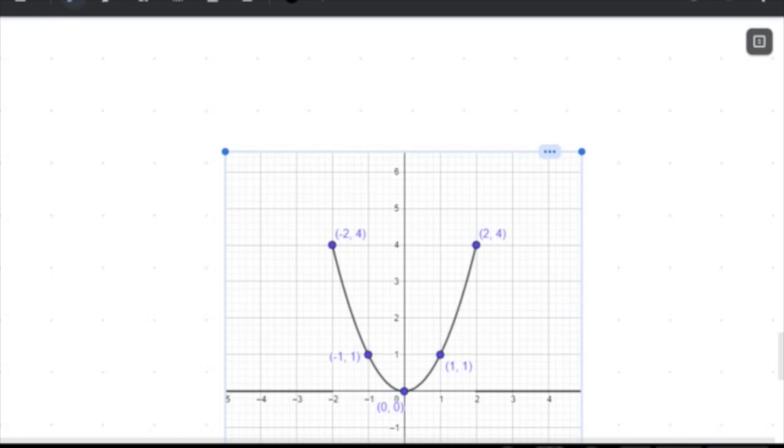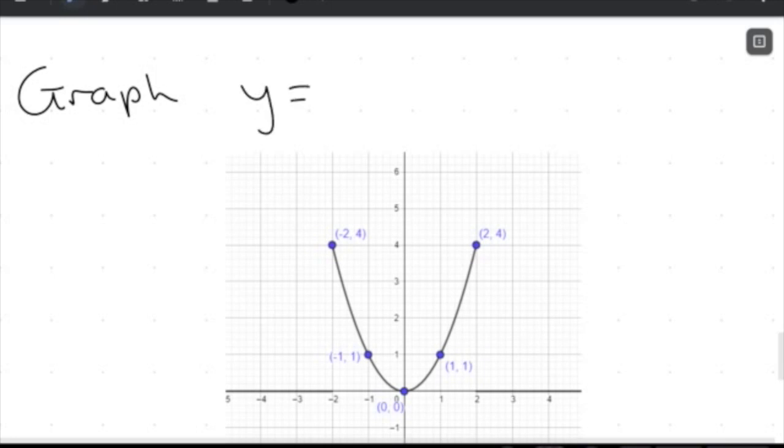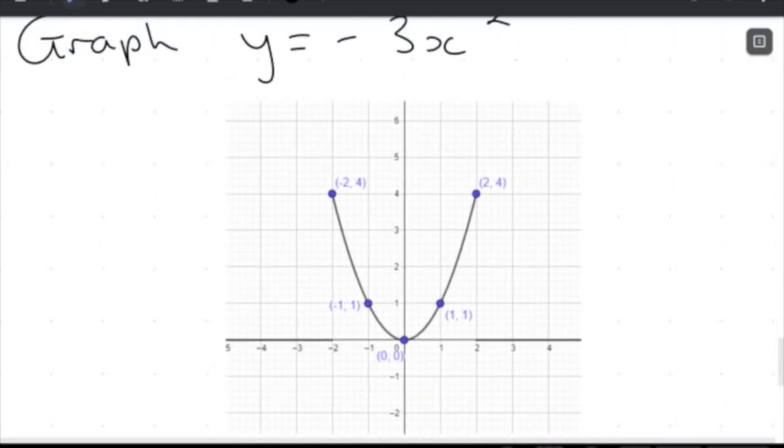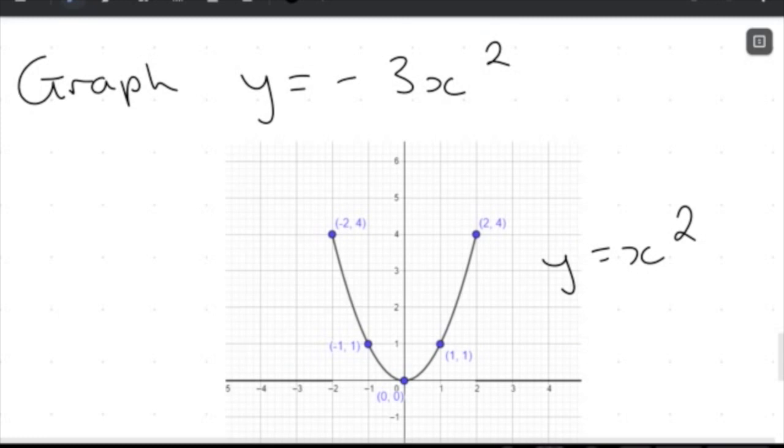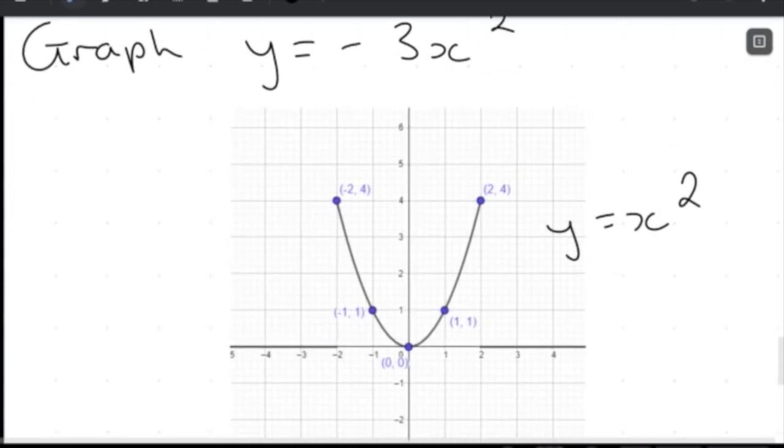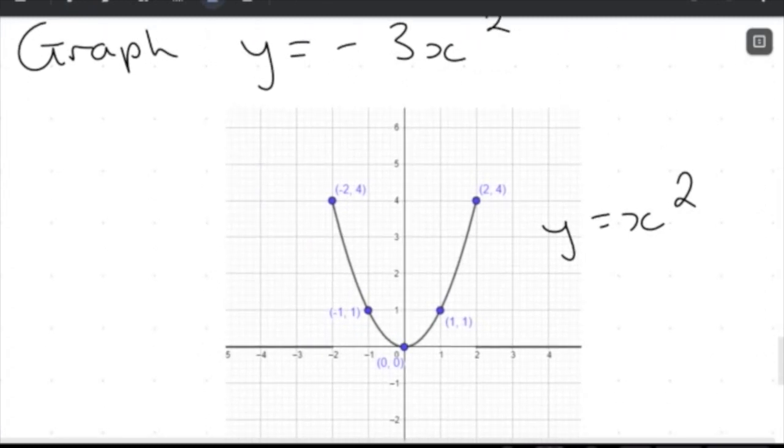And I want us all together to graph y equals negative 3x squared. And I'm going to do this in relation to my graph here, y equals x squared. So you can see the effect of both dilating and reflecting here.